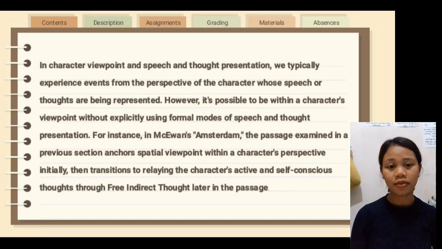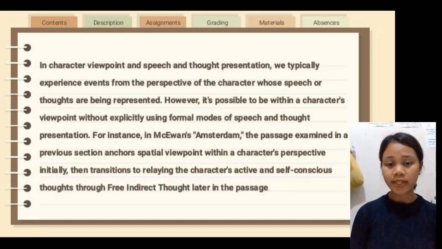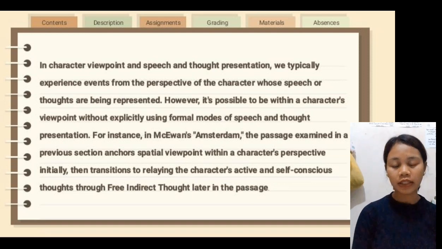For instance, in McEwan's Amsterdam, the passage examined in a previous section anchors spatial viewpoint within a character's perspective initially, then transitions to relaying the character's active and self-conscious thoughts through free indirect thought later in the passage.